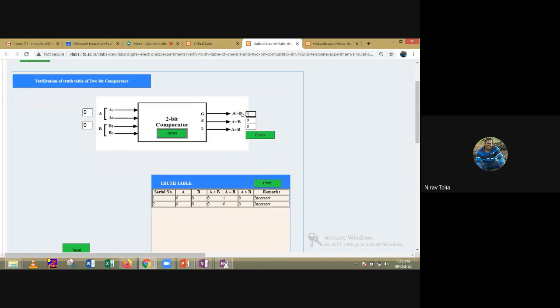Suppose you think it is A greater than B, click on check, again it is incorrect. Suppose it is A less than B, again click on check, it is incorrect. Suppose you take all ones, then again incorrect.